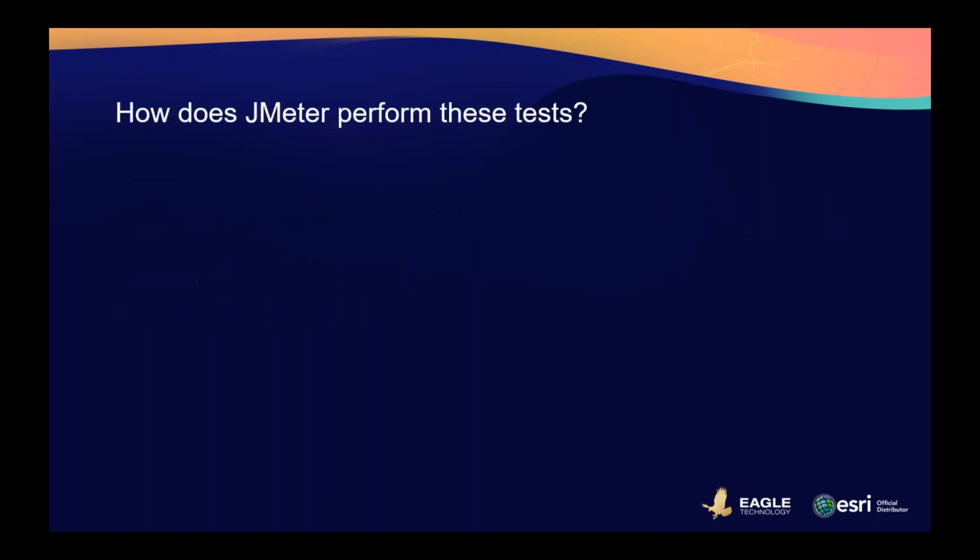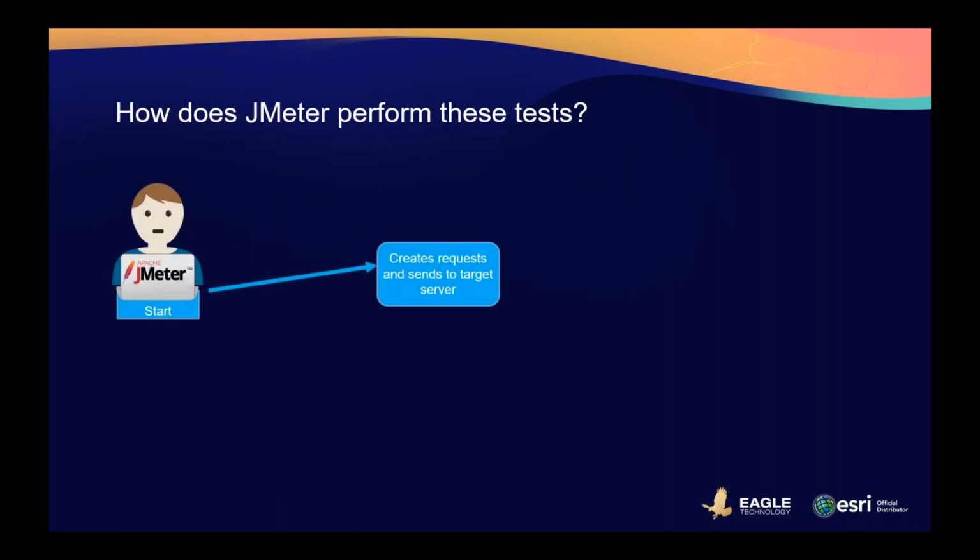How does JMeter actually perform these tests? So you will initially set up a test plan in JMeter, which closely replicates the usage of your service. It creates the requests and sends it to your target server. In this case, the ArcGIS server services.